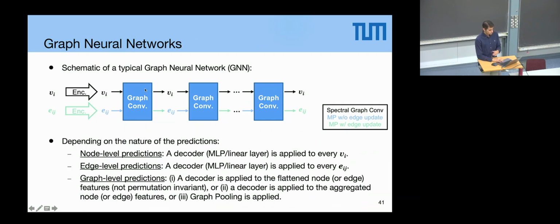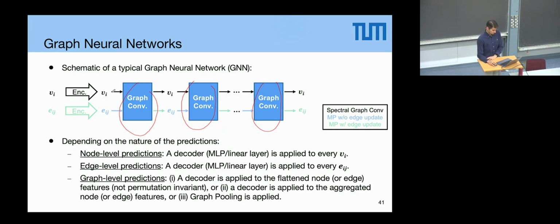Okay, so before continuing with some examples, here I have a schematic of what a standard graph neural network consists of. We have several graph convolution blocks that are used to increase the depth of the network and the level of abstraction, and if we have message passing, also to increase the size of the receptive field.